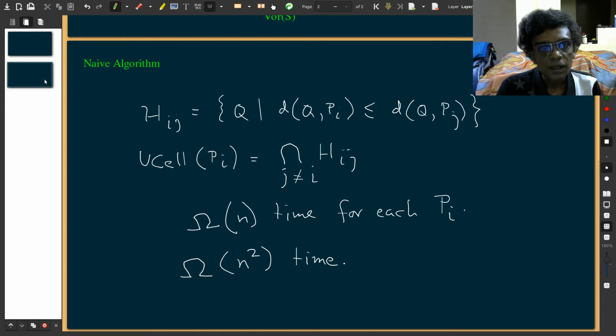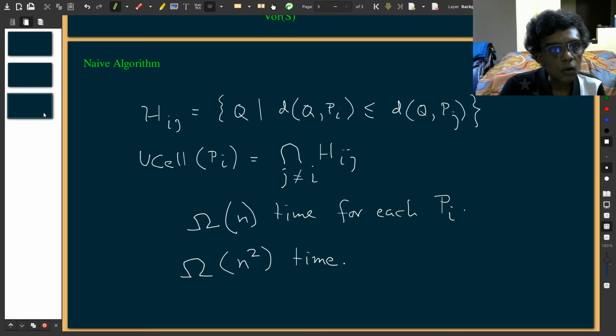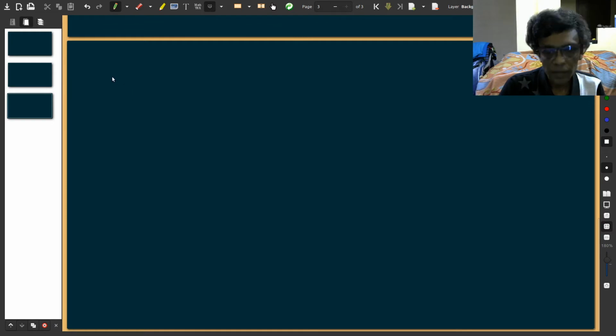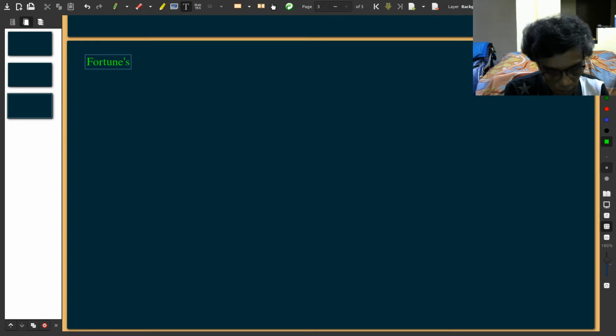So to this effect, today I will introduce a big O n log n time algorithm. This is called Fortune's algorithm. It is named after Stephen J. Fortune.